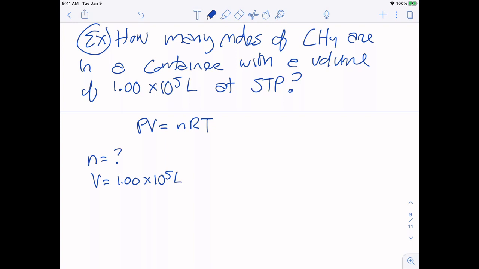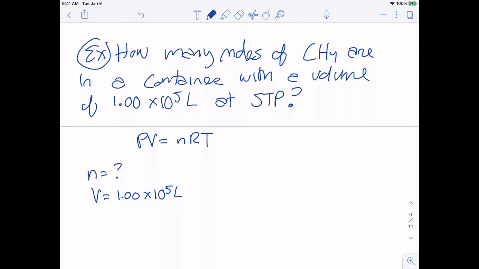This is what I was talking about earlier, how a lot of times it looks like we're missing information and we're not. Because we're told it's at STP, we do know our temperature and pressure. If you didn't remember what those were, you wouldn't be able to do the problem. At STP, my temperature is 273 Kelvin and my pressure is 1 atmosphere.